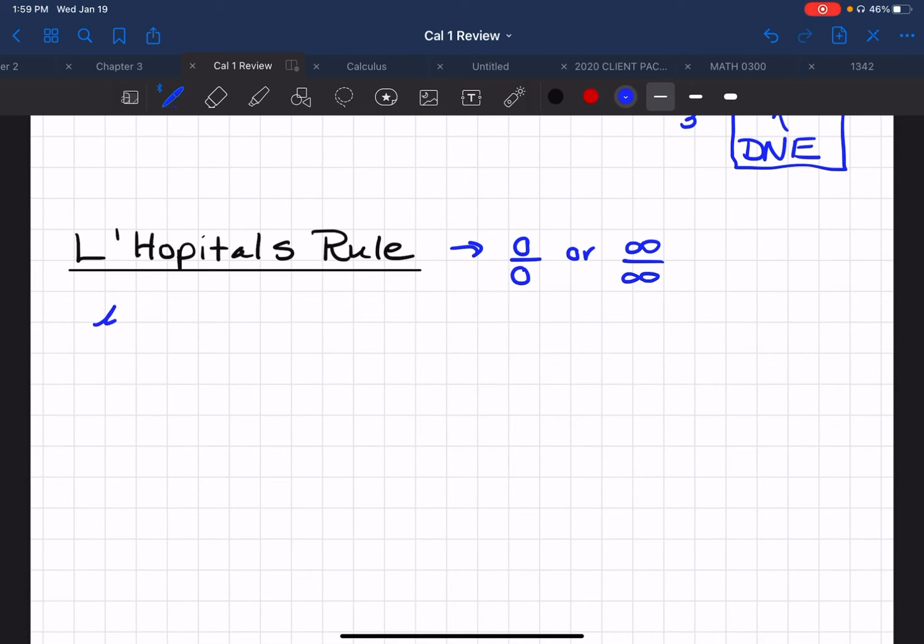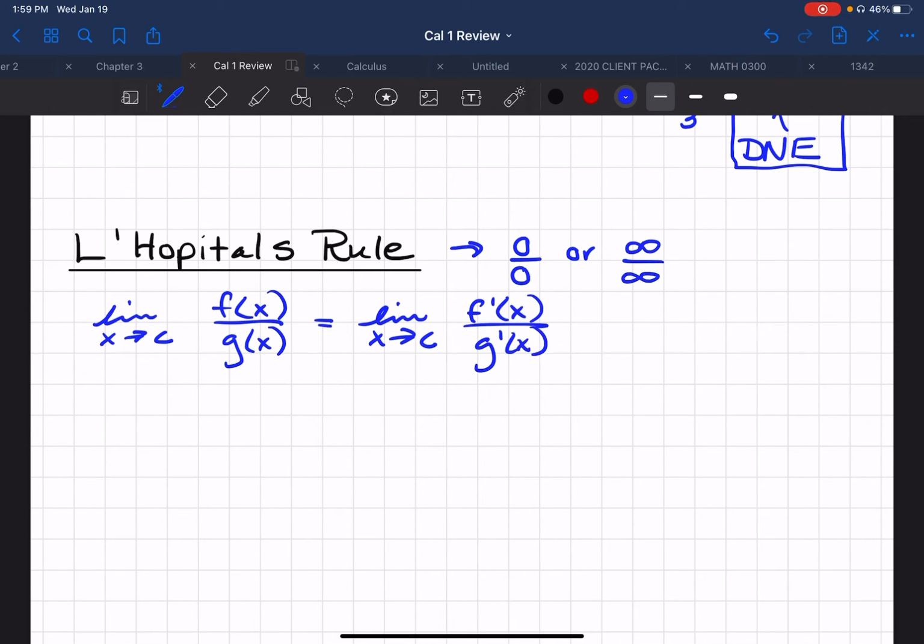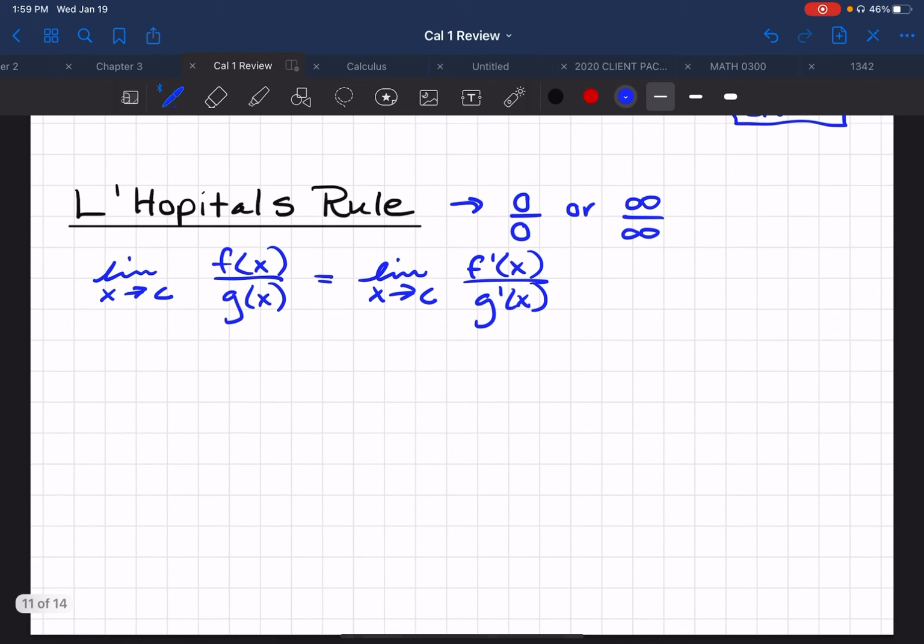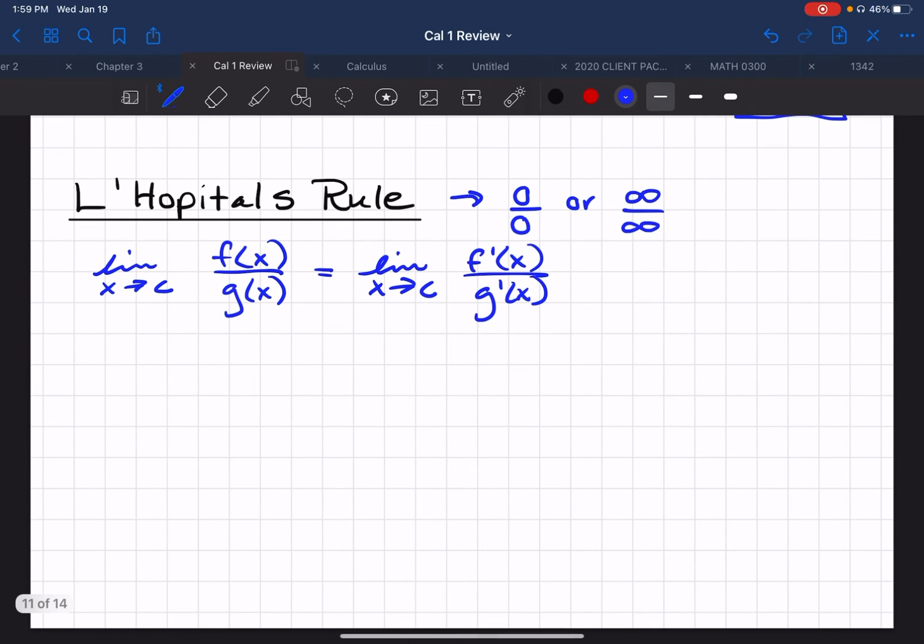And it says that the limit as x goes to c of f of x over g of x is equal to the limit as x approaches c of f prime of x over g prime of x. So you're going to want to evaluate the limit first, and if you get one of these two answers, that's when you're going to apply L'Hopital's rule.